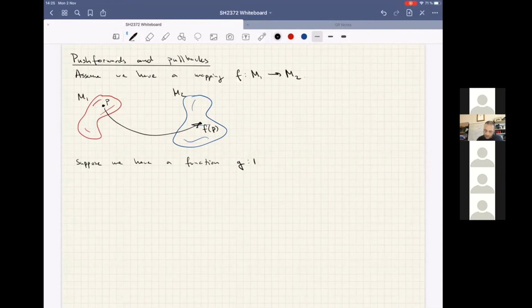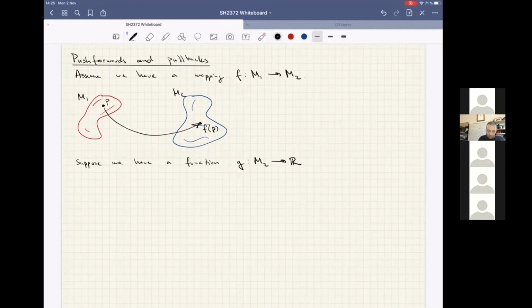So it takes a point in M2 and maps that to a real number. Now, if we have this function f that we talked about, then any such function g is going to define a function also on M1, simply by composition.